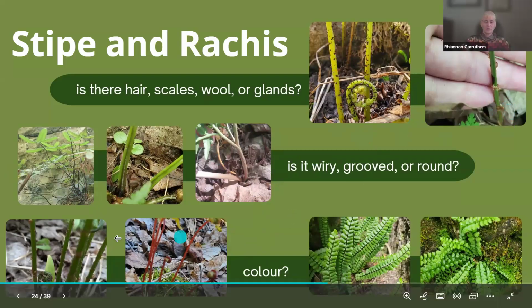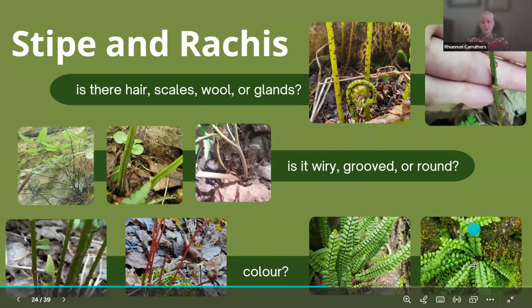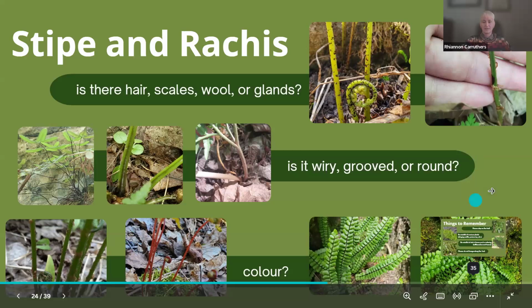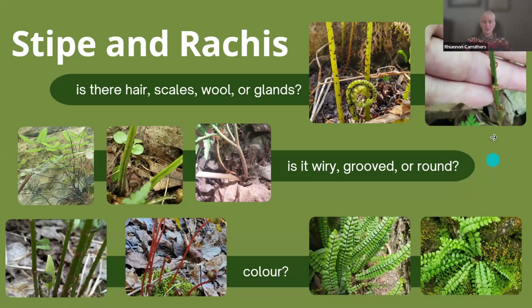Our lovely fragile ferns have this nice red color. And we can see the difference between these two types of spleenwort. This is the limestone maidenhair spleenwort, and this is the green spleenwort, so named because it has this lovely green rachis.